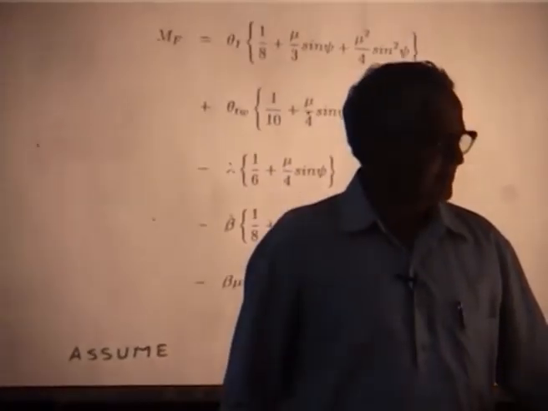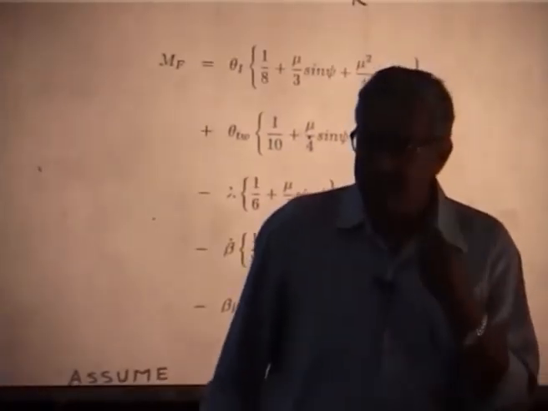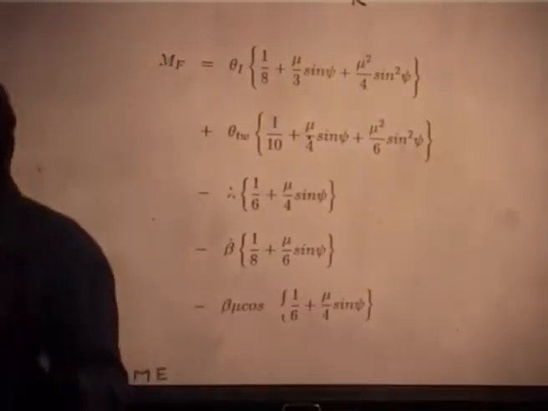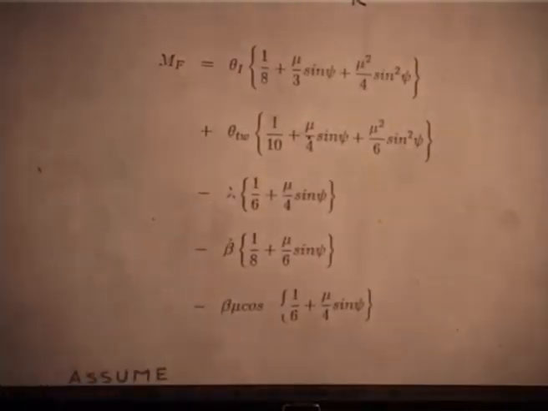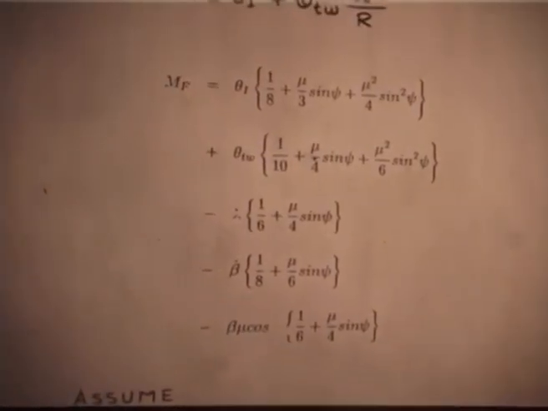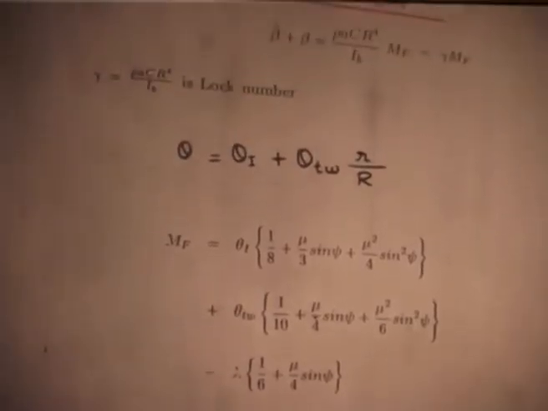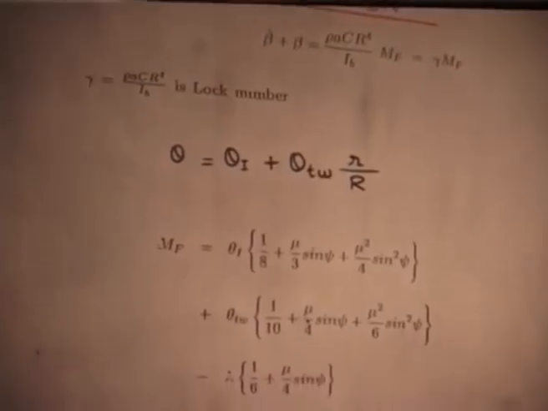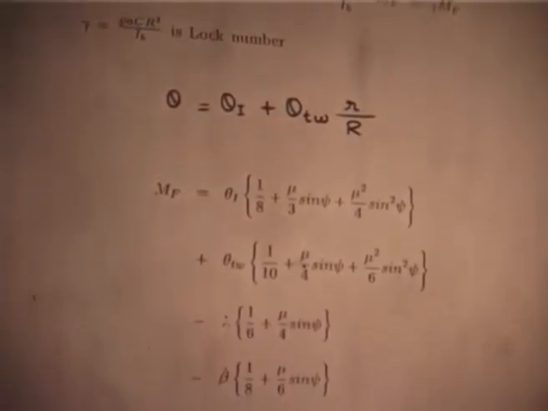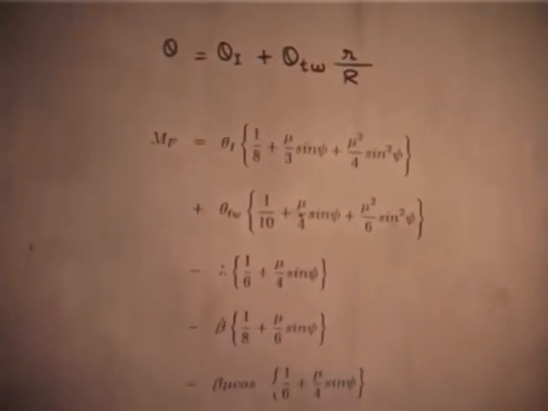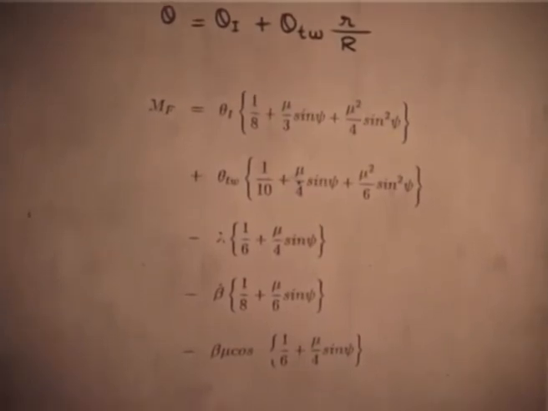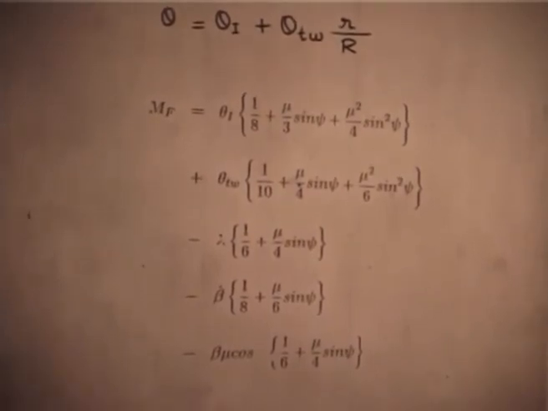One way is to do a numerical integration, that is the easy way, but you can write a closed form solution for this simple problem. Closed form means you can get a closed expression, and that is what I have done. In the sense, I assume my output is in this form.